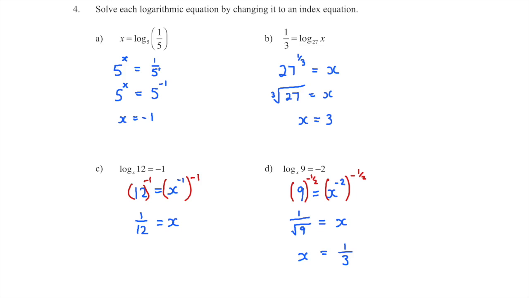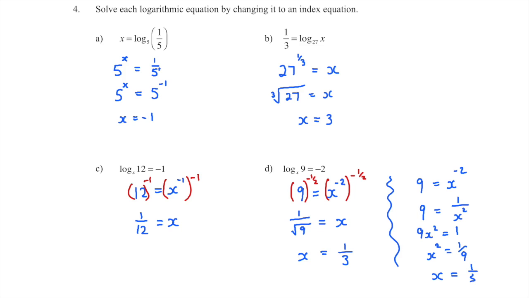So a little bit challenging. Here's another way you could have done that if you don't like that approach. You could have written 9 equals x to the power of minus 2, which is 9 equal to 1 over x squared. Times the x squared across to the left-hand side, divide both sides by 9 and take the square root of both sides.